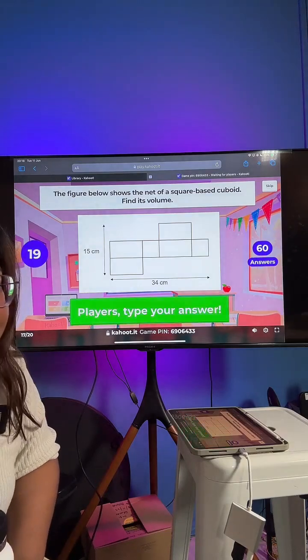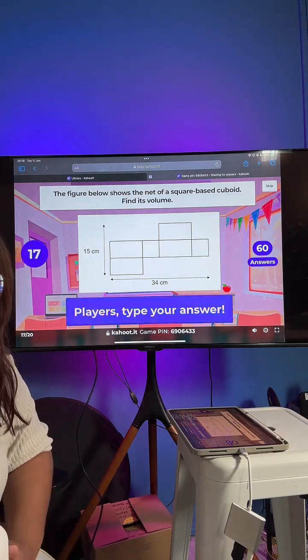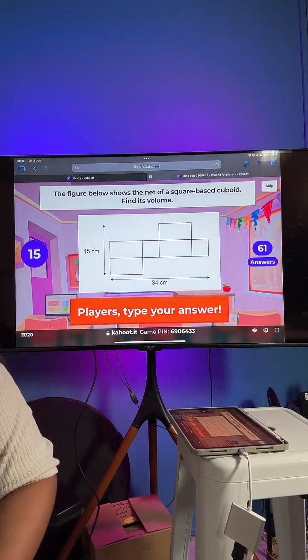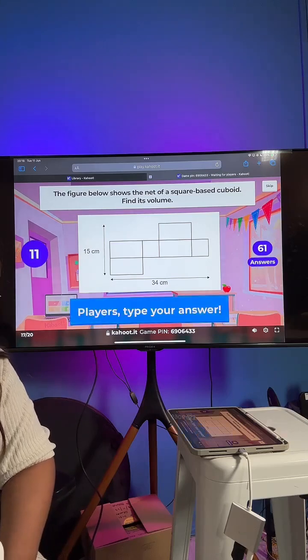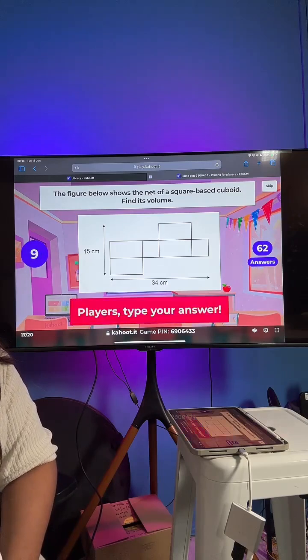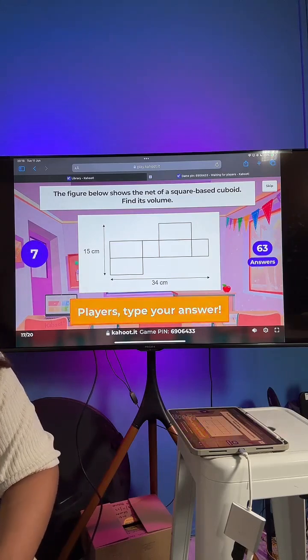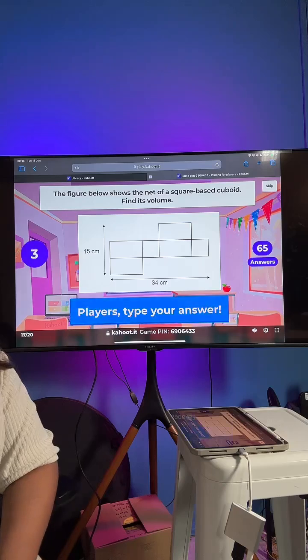If you cannot type, never mind, you can type it in the chat box. I'm still looking at the chat box, okay? Mika, you try again. Okay, final 5 seconds. A lot of people got it right already, yeah? Very good.